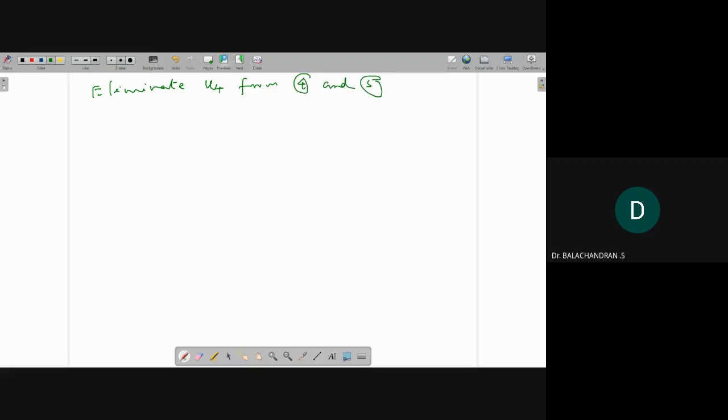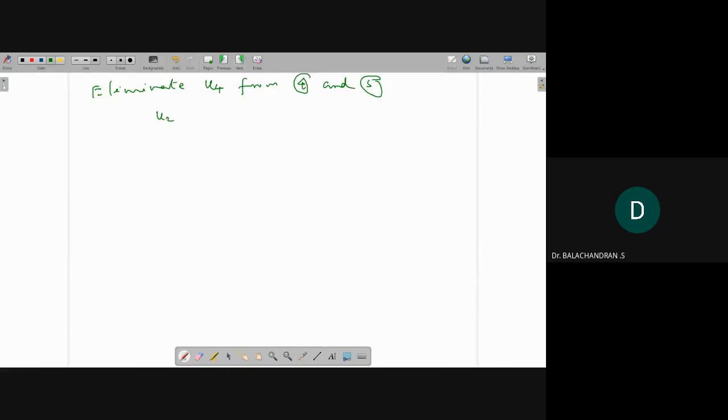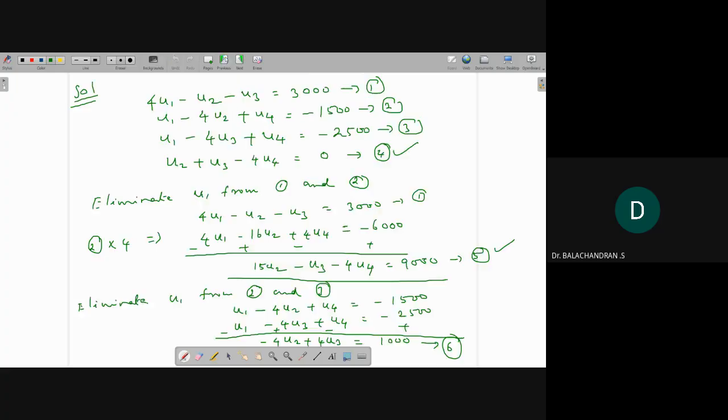What is 4? 4 is u2 plus u3 minus 4u4. This is actually 4, and 5 is 15u2 minus u3 minus 4u4 equal to 9000.